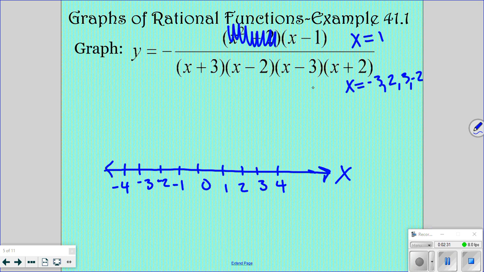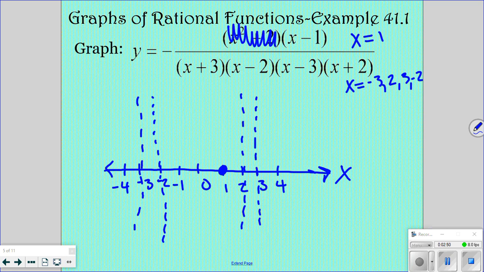So I put a dot at 1 because that's the 0 from the numerator. And then I put asymptotes for the ones that occurred in the denominator. So -3, 2, 3, and -2. Those are supposed to be vertical lines, not curves.